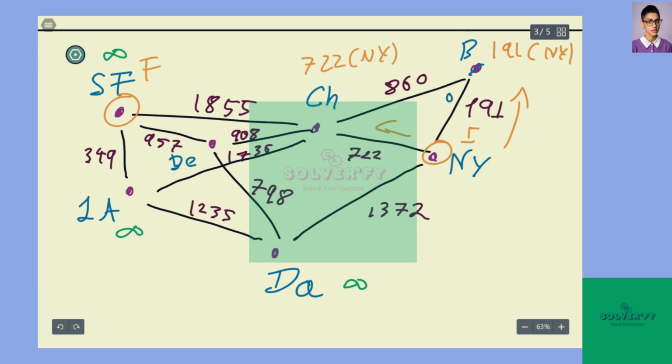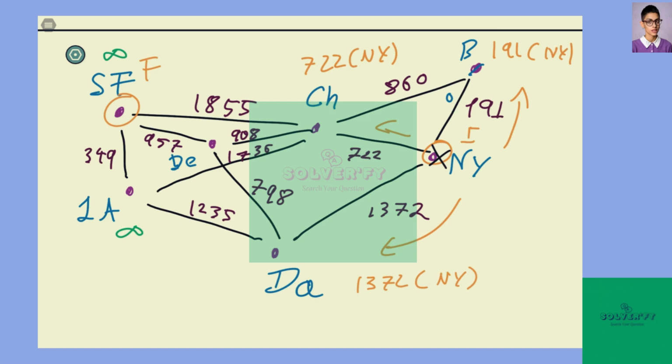And also from New York, we can go to Dallas directly, and this will correspond to 1,372, and again, it's just New York. So that corresponds to the visited node, New York. So now we can study what happens with the other ones.